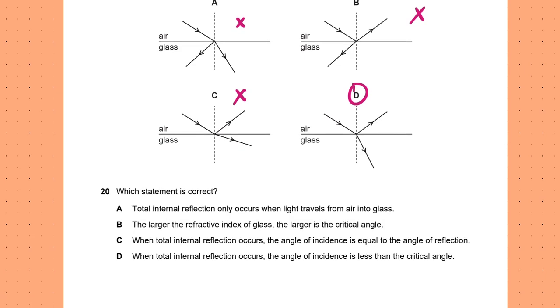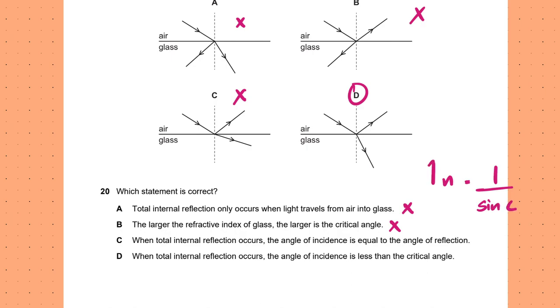20. Which statement is correct? Total internal reflection only occurs when light travels from air to glass. Wrong. You guys also just wrote this in your P2. One of the conditions for total internal reflection is that light must be traveling from more dense to less dense, not the other way around. The larger the refractive index of glass, the larger is the critical angle. This is wrong, because the equation is this.